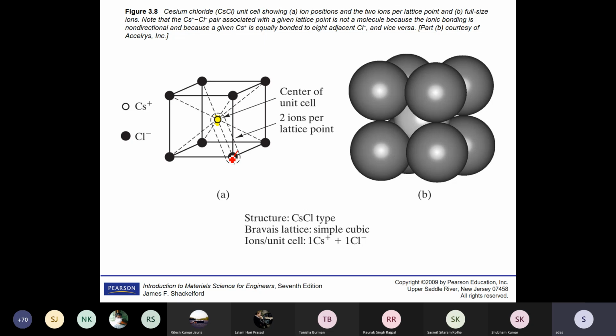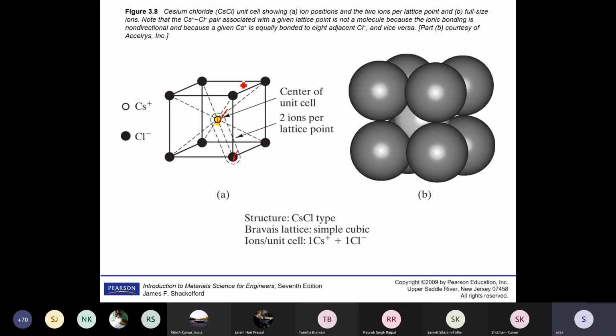Cesium. Now I move here and look at the same body diagonal direction. What do I see? Chlorine ion.